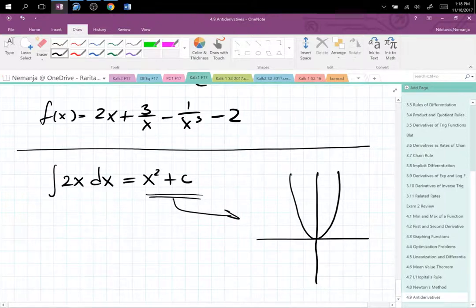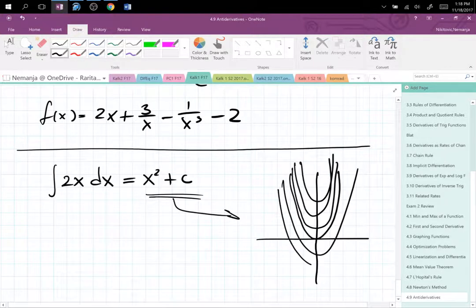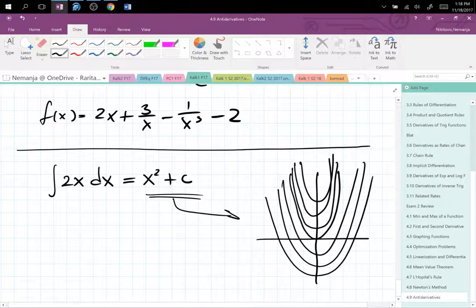Move it up or down. So technically what you get when you have a plus c is you get the family of infinitely many x squares.